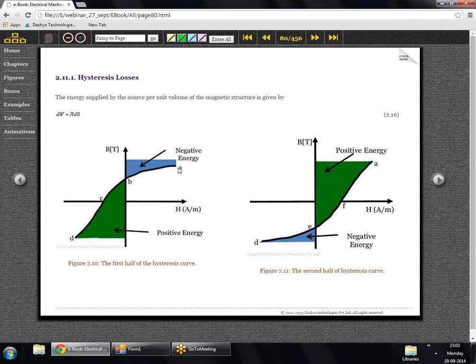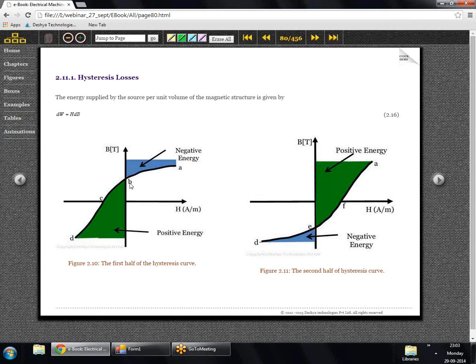So if we go from point A to point B, the magnetic flux density has a negative slope. So from equation 2.16 we can see that H dot dB is going to be a negative value. So it means the energy is negative.